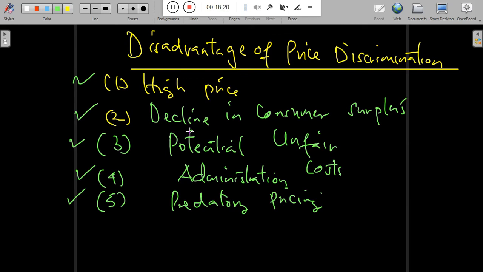Potential unfairness arises between those who make purchases and are comfortable with the price set in the market. Administration cost also is a problem, and also predatory pricing, the price set between competitors. In a way, they set it to achieve higher profits, to capture producer surplus from what they actually do in their competitive business involvement.